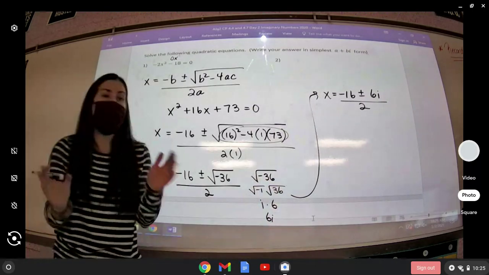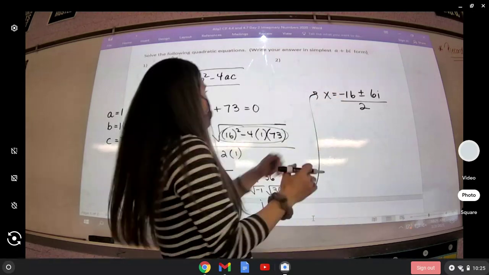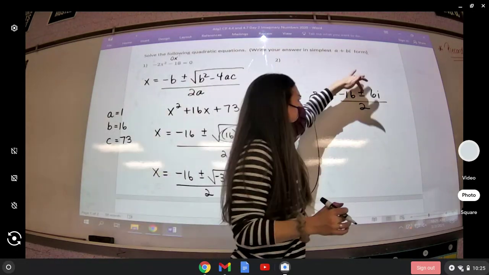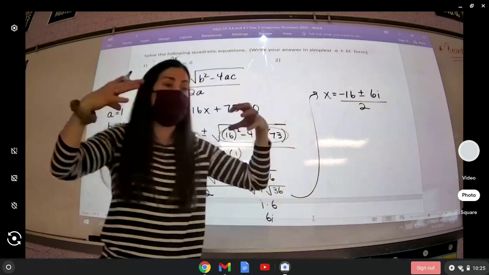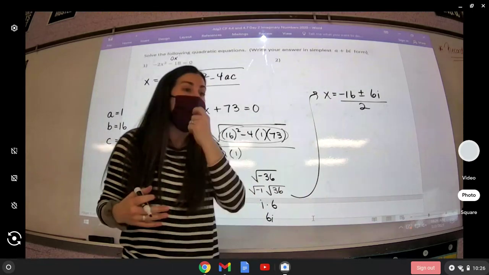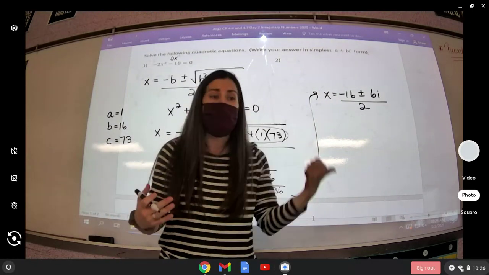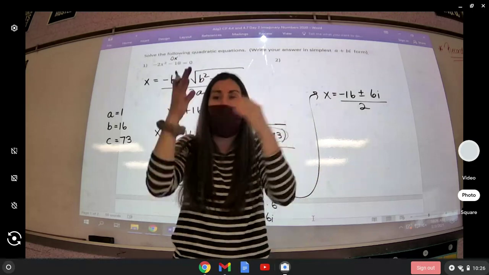Okay, so now when you get here, guys, I'm not really allowed to take negative 16 and add or subtract an imaginary number to it. But I do have to simplify my answer and get it in that a plus bi form that they want. So what I want you guys to do now, just like we were doing before, you got to split them into 2 separate fractions.